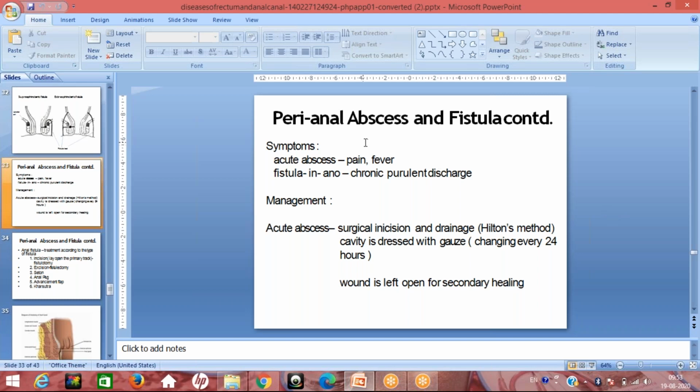So in the acute stage of perianal abscess, there will be pain and severe fever. Anywhere pus under pressure can cause severe pain. The management includes surgical incision and drainage. You incise the most prominent part, Hilton's method, to avoid injury to vital structures.